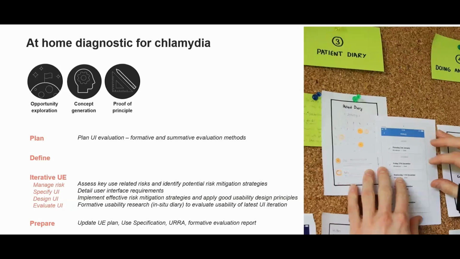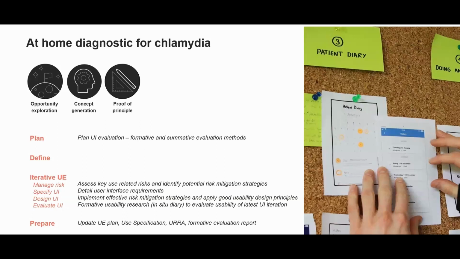In terms of evaluating the user interface, at this stage you might have semi-functional prototypes that are fairly representative in terms of their interactions. So you could put those in the hands of real users. So finding representative users doing online diaries, for example. You send out a kit of parts, kit of prototypes to people, they can interact with them and use them as they would in situ.